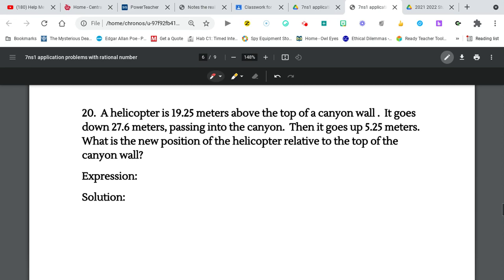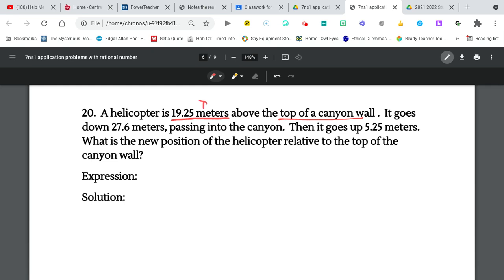Okay, let's take a look at 20. How about you pause the video and you try 20, okay? All right, this is what you should have on 20. A helicopter is 19 and 2,500 meters above the top of a canyon wall.